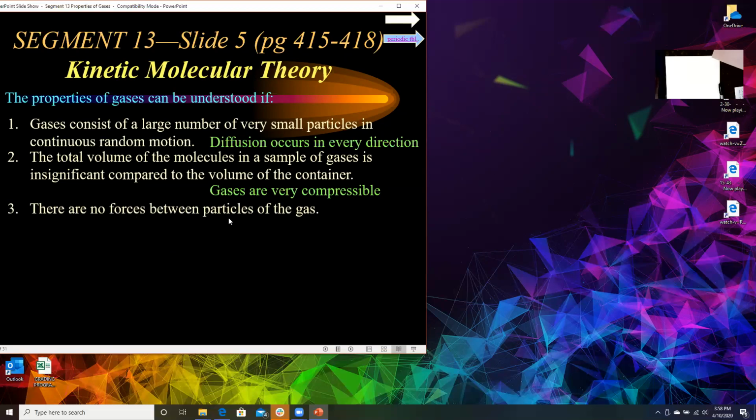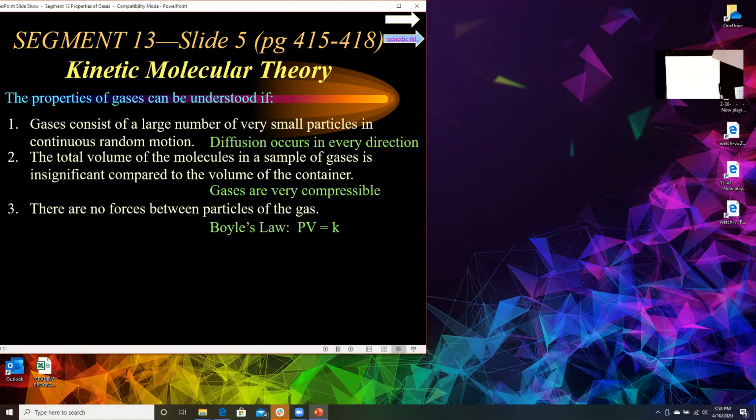We have to assume that there's no forces between particles of a gas. And that would be true if we looked at Boyle's law. Because if you start pushing gases close together and they become more attractive toward each other, then when you push them close together to make the pressure go up, it's not going to go up as much because the molecules are going to start sticking together because they're attracted toward each other.